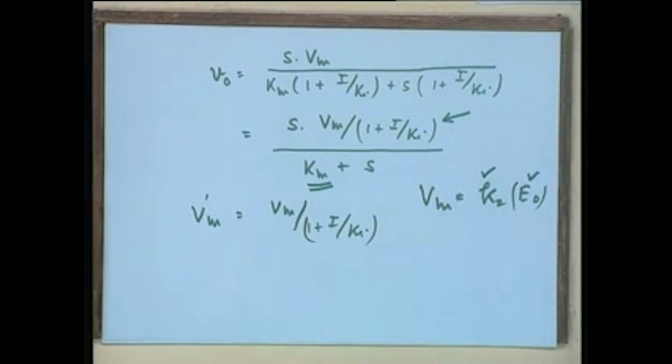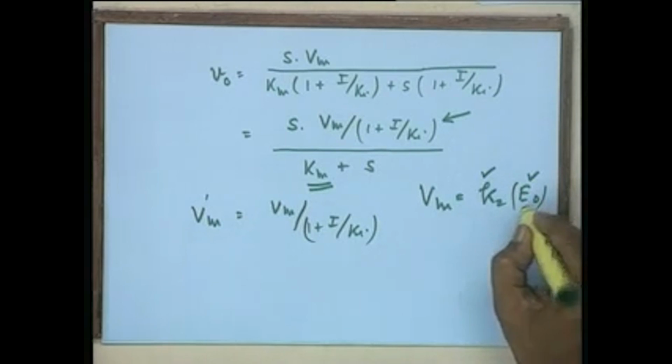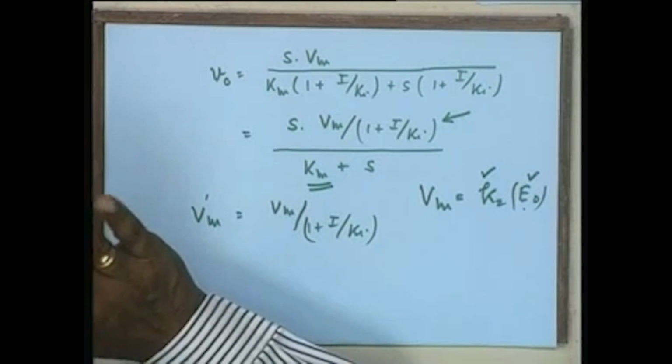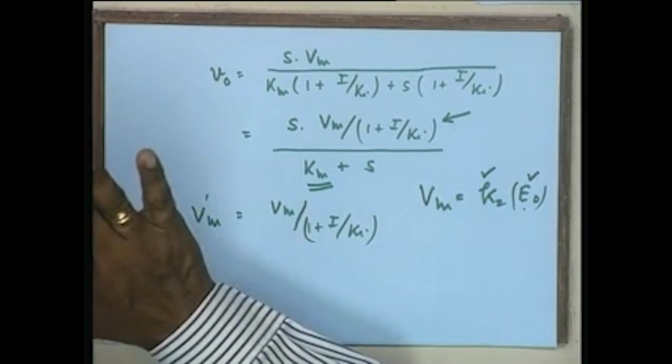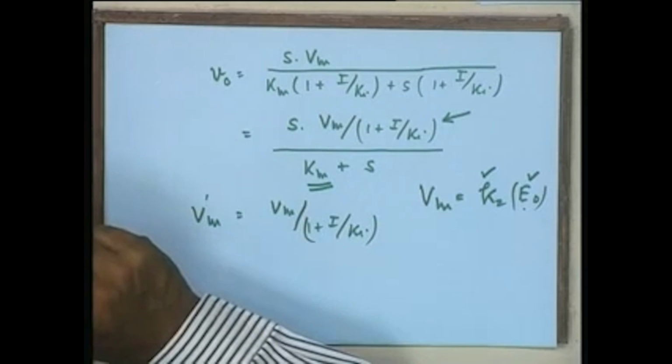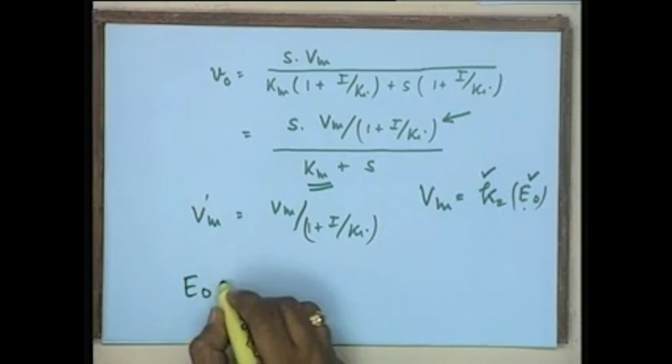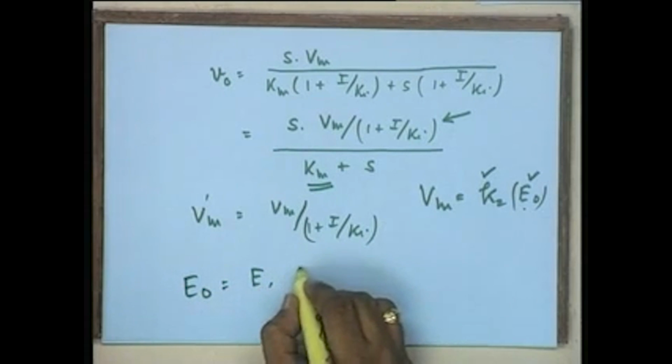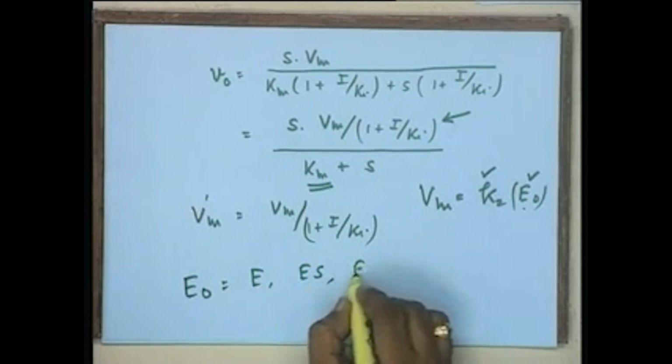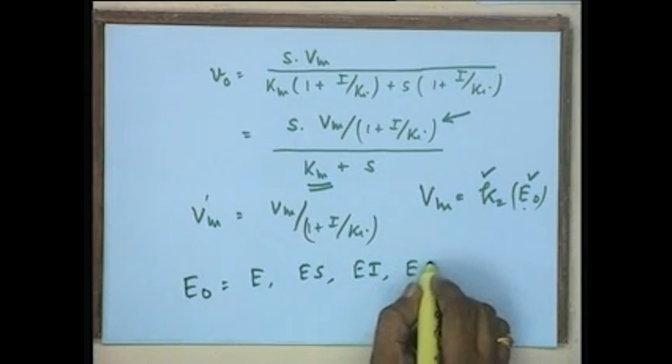So how can the E0 be reduced? It is a fixed quantity. No, E0 is a fixed quantity when there is a non-inhibited reaction. Once the inhibitor is present, E0 will be distributed into free enzyme, ES, EI and ESI.